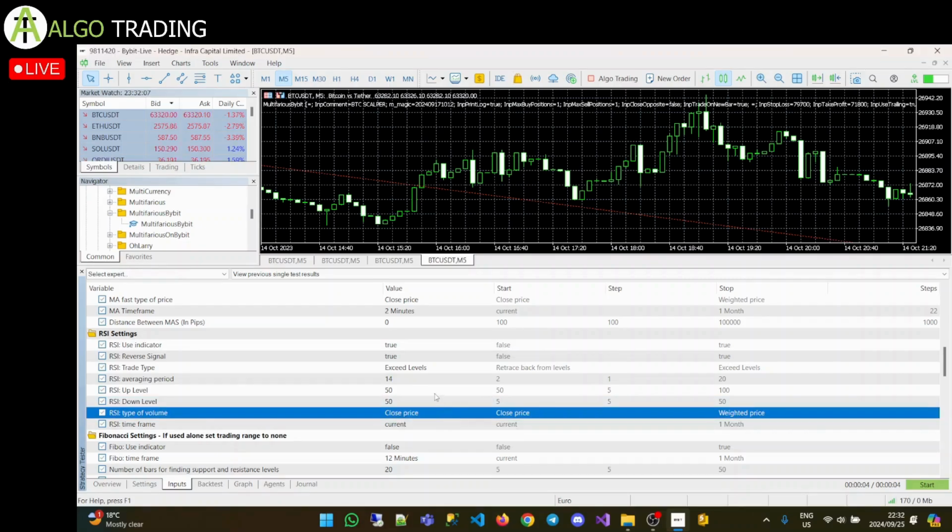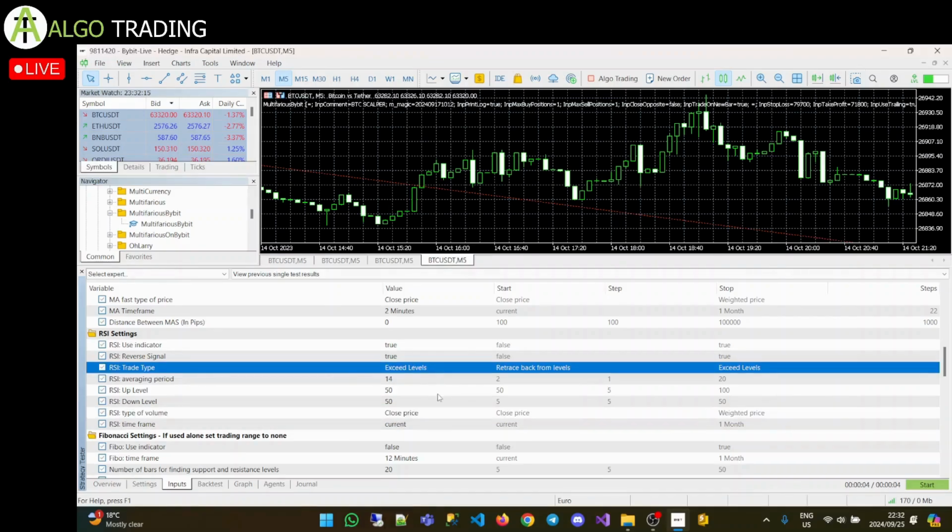So all we're doing is saying that if the RSI goes above 50, buy. If it goes below 50, sell. So what we've done now is converted our mean reversion strategy into a momentum strategy just by using the RSI indicator. Now I'm going to run that.